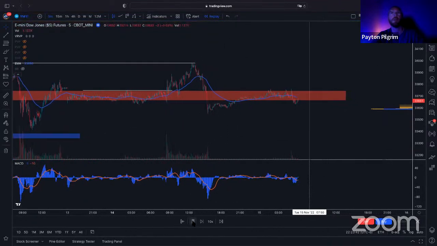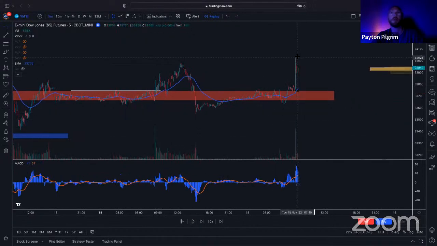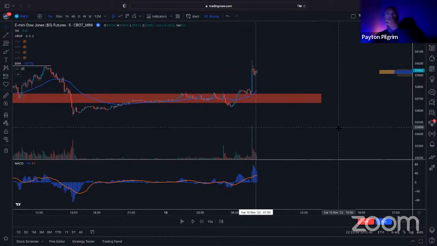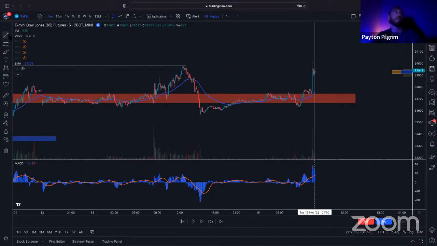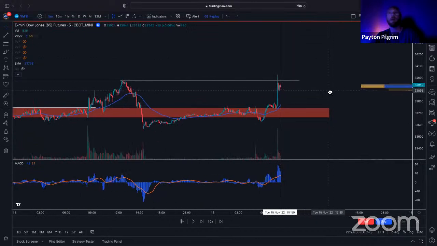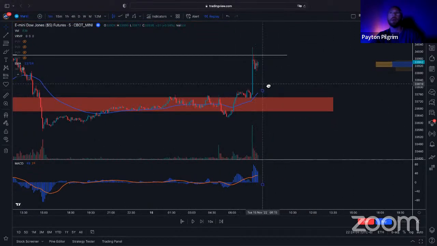Let's just wait for this. And all right, before the open, we're getting this move up at 7:30 again. So I'm expecting this to break up and go into this zone way up there. So let's look at that at 8:30.